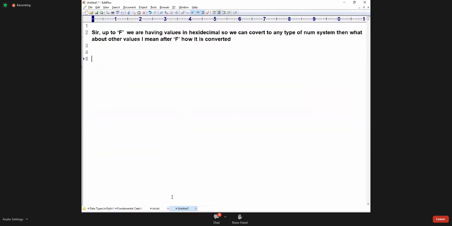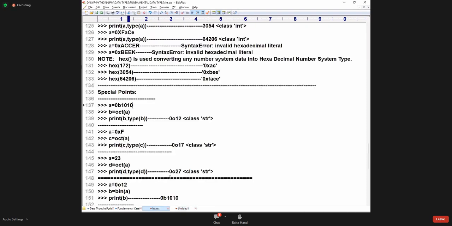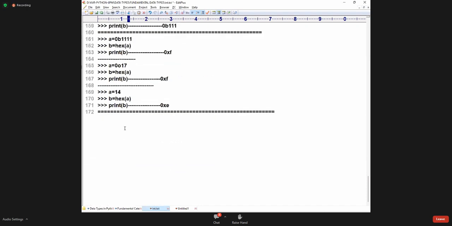What are the special conversion functions in Python? Bin of, oct of. Yes. So I'm writing one small, very regular FAQ: What are the various base conversion functions in Python?